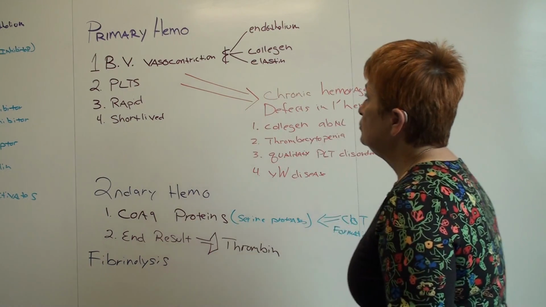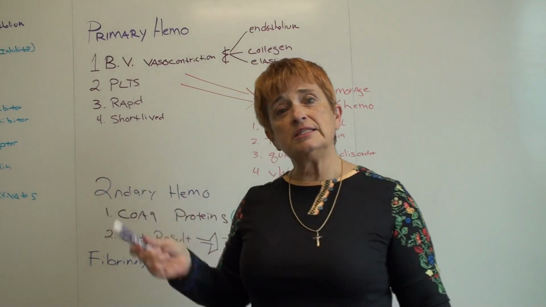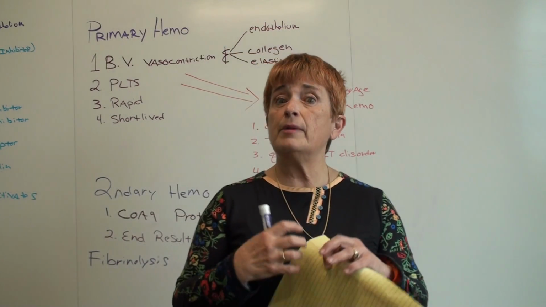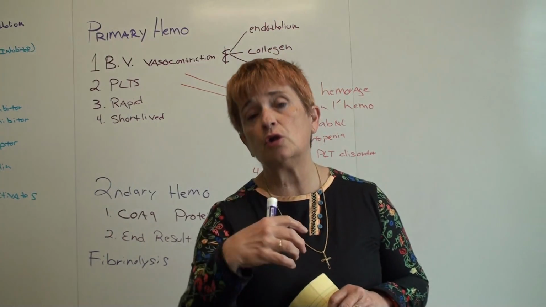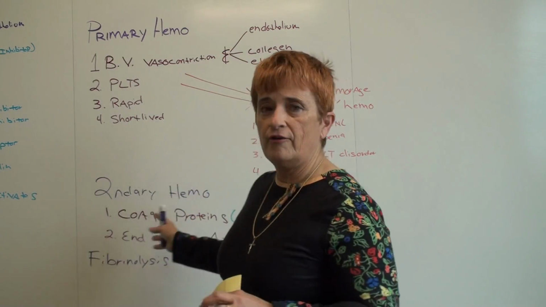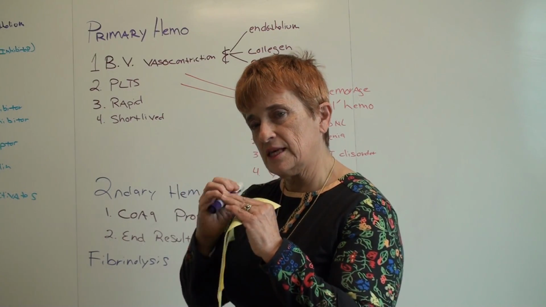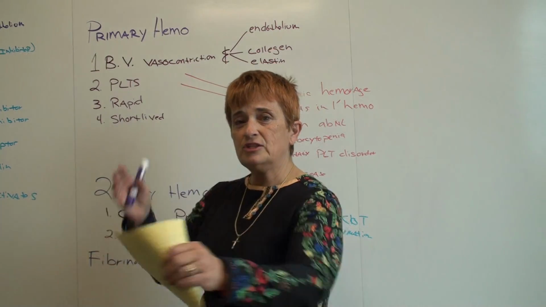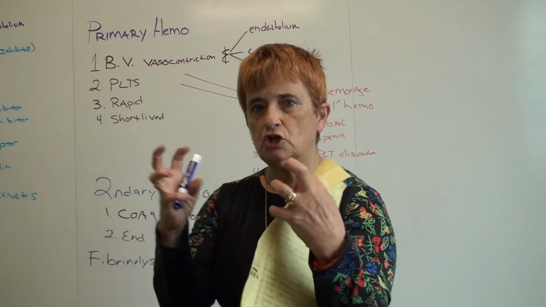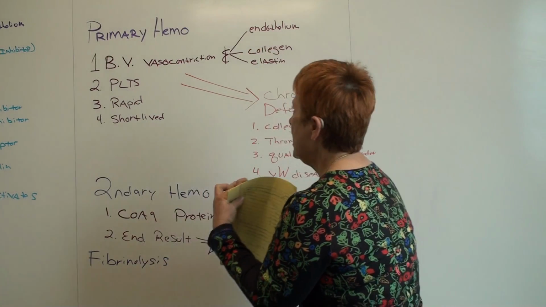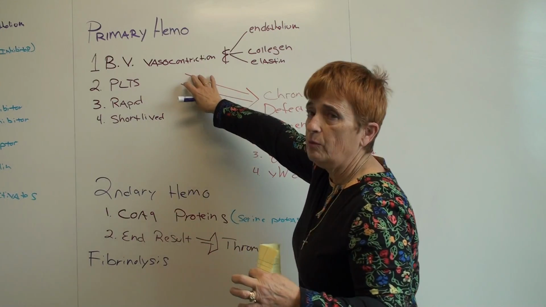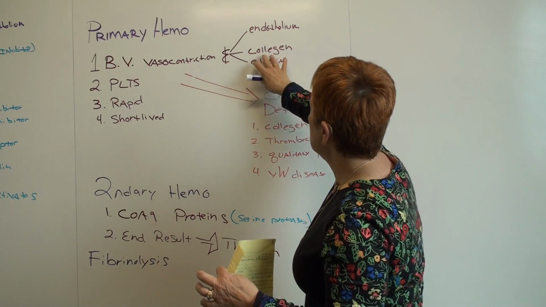All right. As a review, primary hemostasis consists mainly of the reaction of my blood vessels with my platelets, the initial adhesion of the platelets. Platelets are going to get more involved in secondary, but we have platelets as primary. All right, so the blood vessels, wacko, I get a cut or something. My blood vessels are going to constrict automatically, and when that happens, they're going to be able to release the collagen.